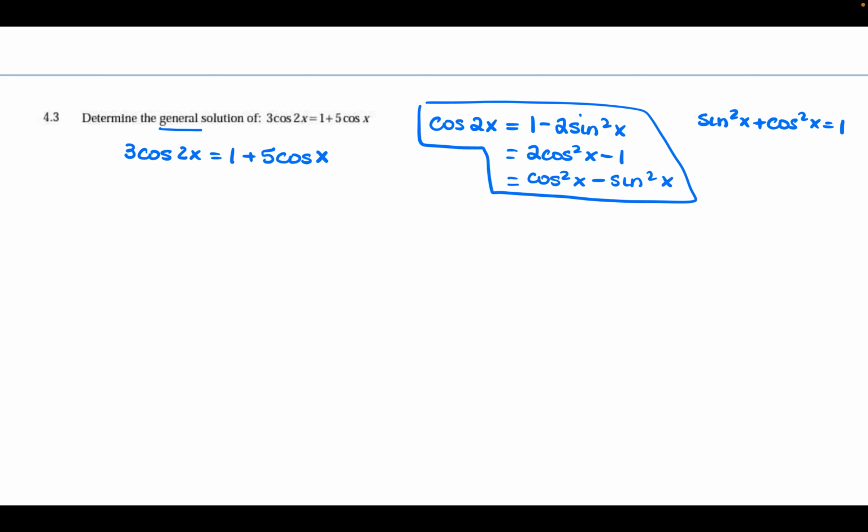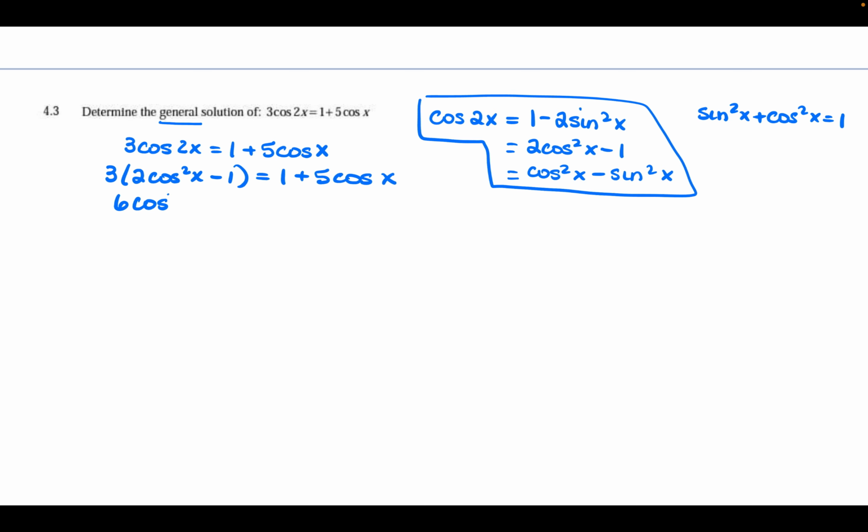And now we can simplify: 6 cosine squared x minus 3, I'm distributing, equals 1 plus 5 cosine x. And I am noticing that this is a quadratic equation where cosine is the variable. So I am going to set it equal to 0.